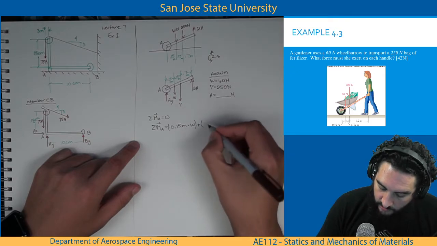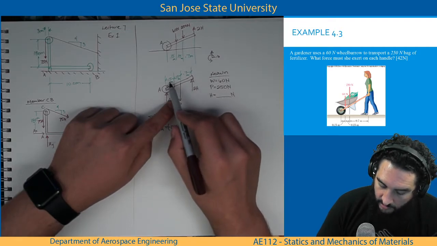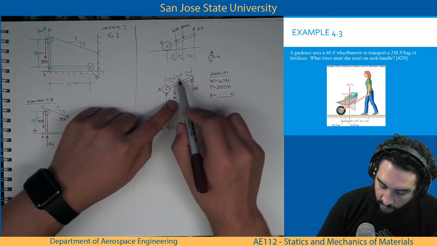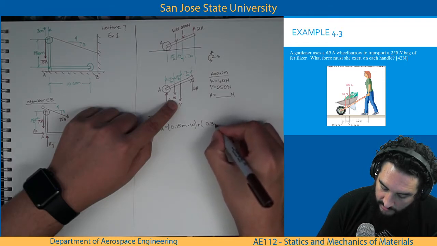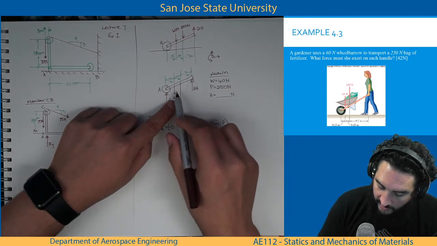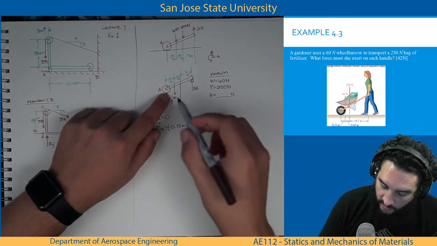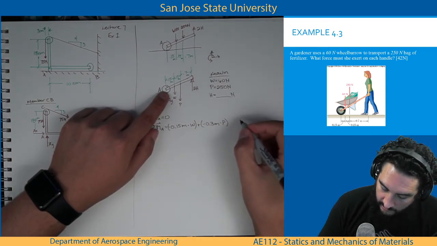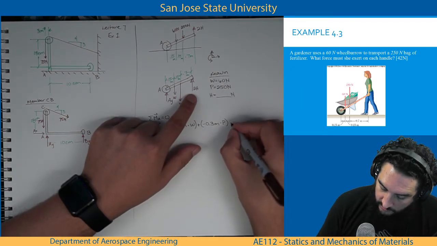We'll add to that the next moment, which is going to be brought about by P. 0.15 plus 0.15 is going to equal 0.3 meters times P. And again, that will be negative for the same reason as before. It produces a clockwise moment about point A. And then we have 2H.